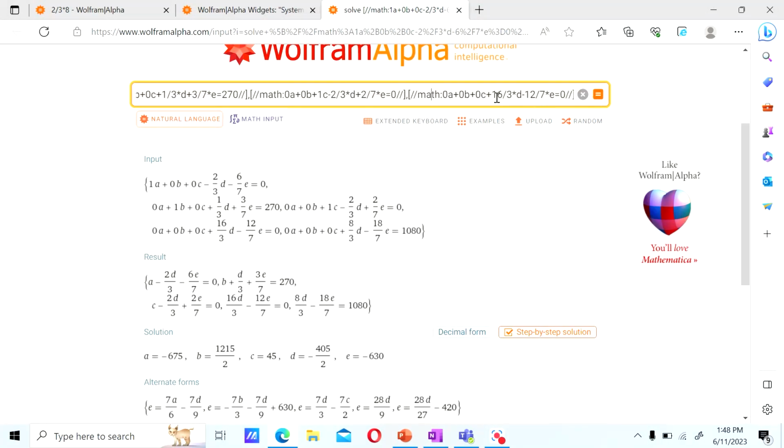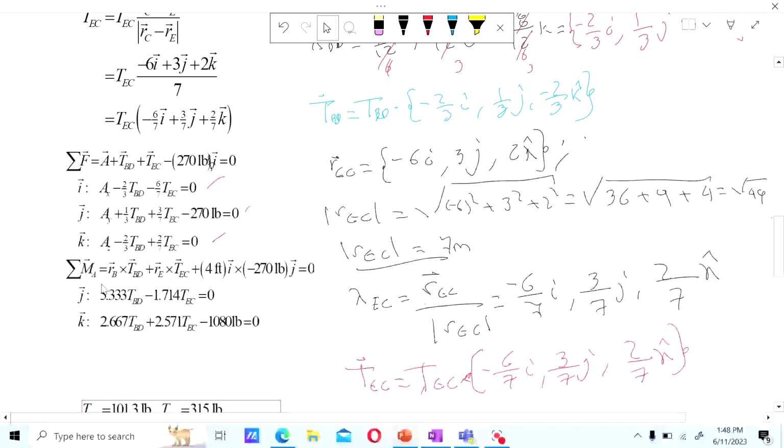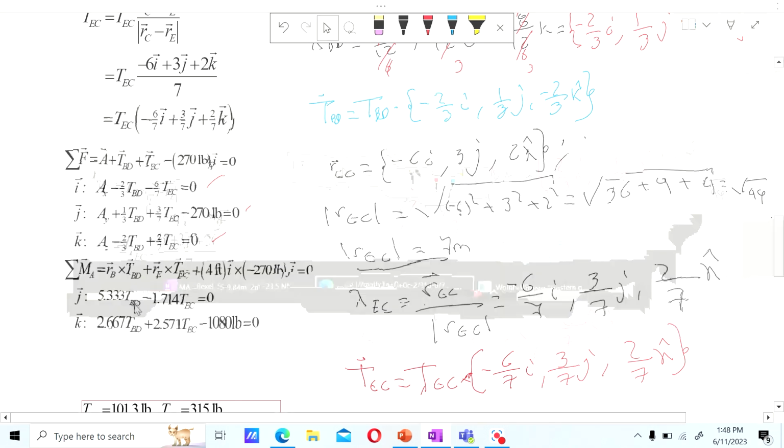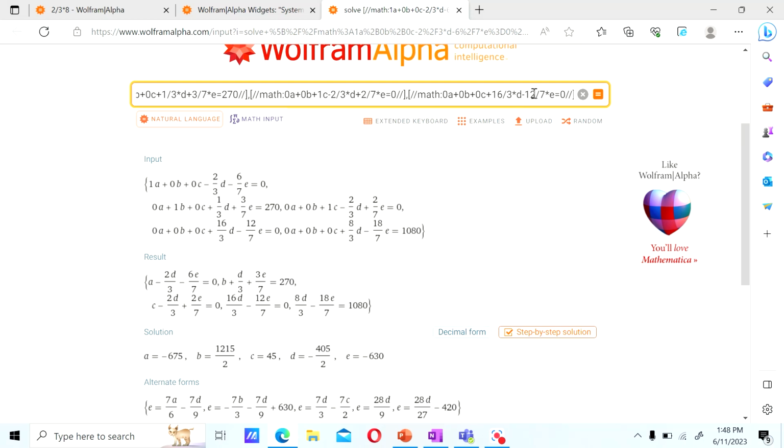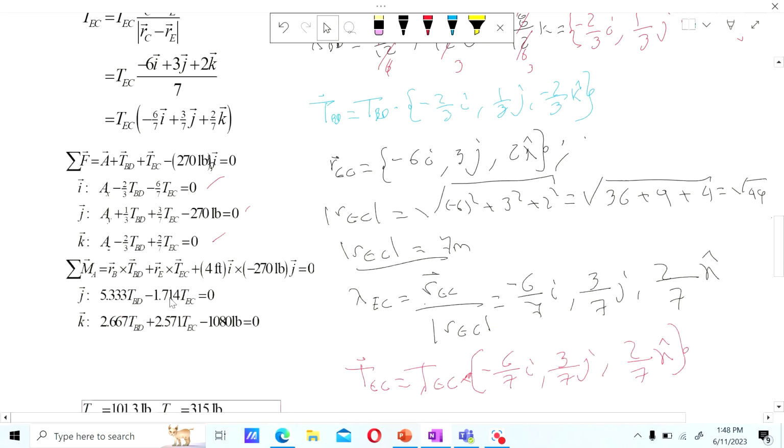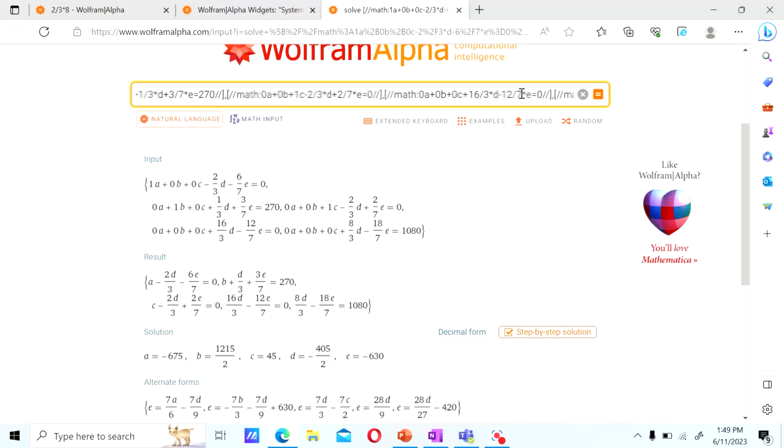Equation number 4 is 16 divided by 3, 5.33, yep, multiplying D, and negative 12 divided by 7, 1.71, yeah, multiplying B to C, which is what we got, multiplying E, and the last one is 8 divided by 3.